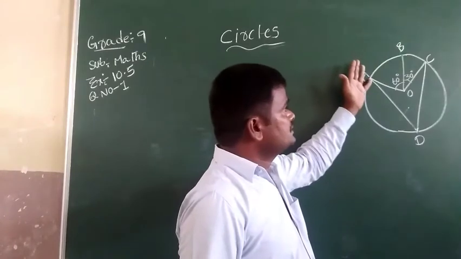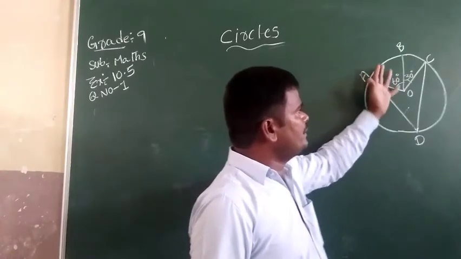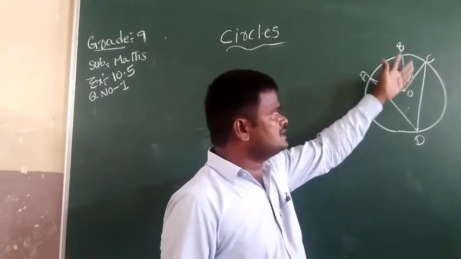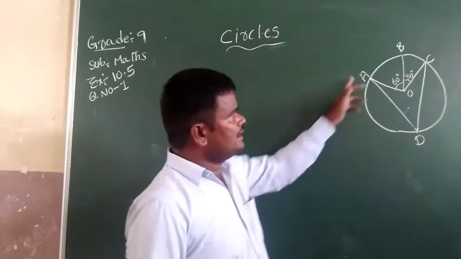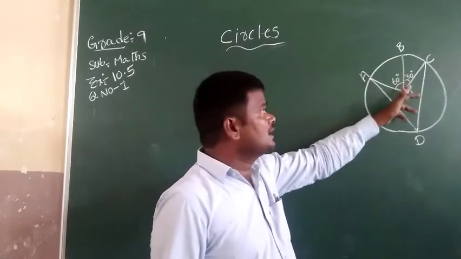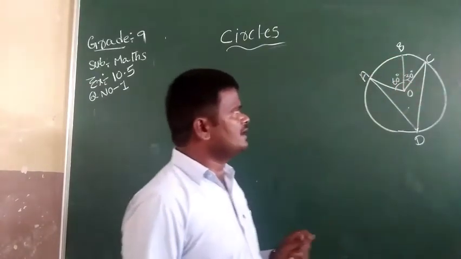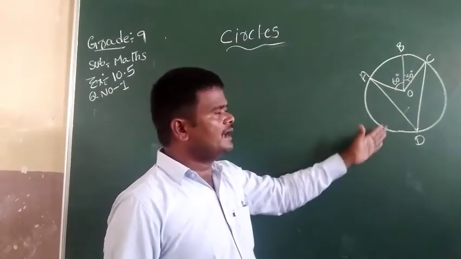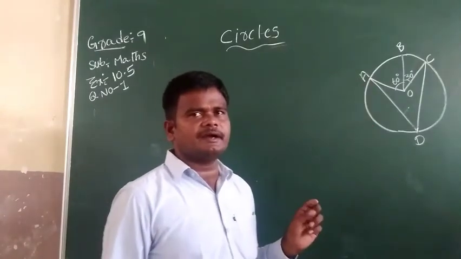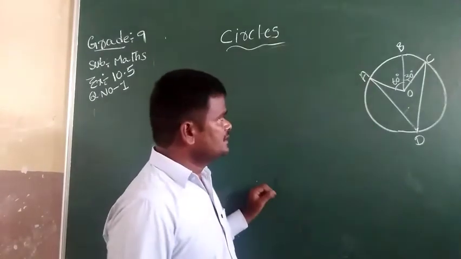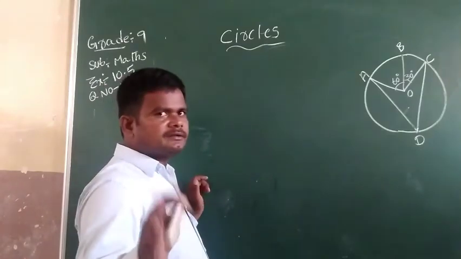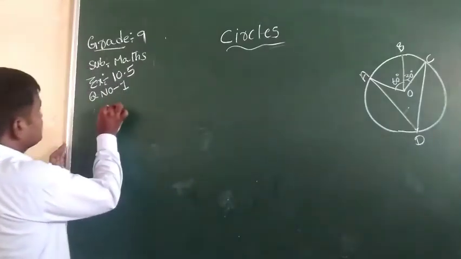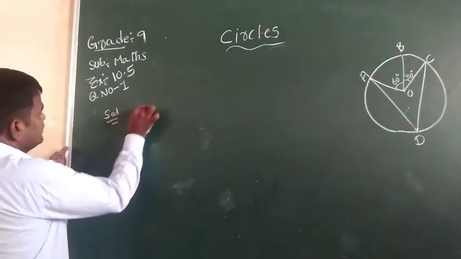Angle AOB is given 60 degrees and angle BOC is given 30 degrees. So we need to find angle ADC. First of all, what is given? What we have to find? Solution.